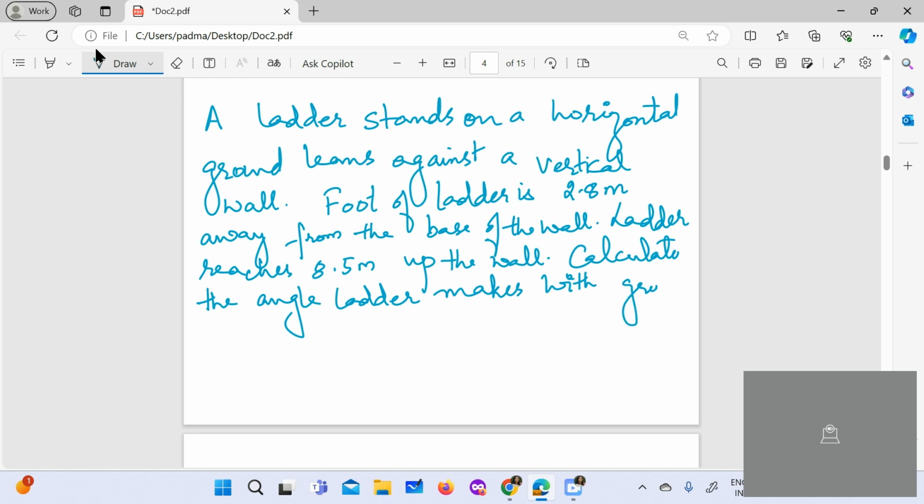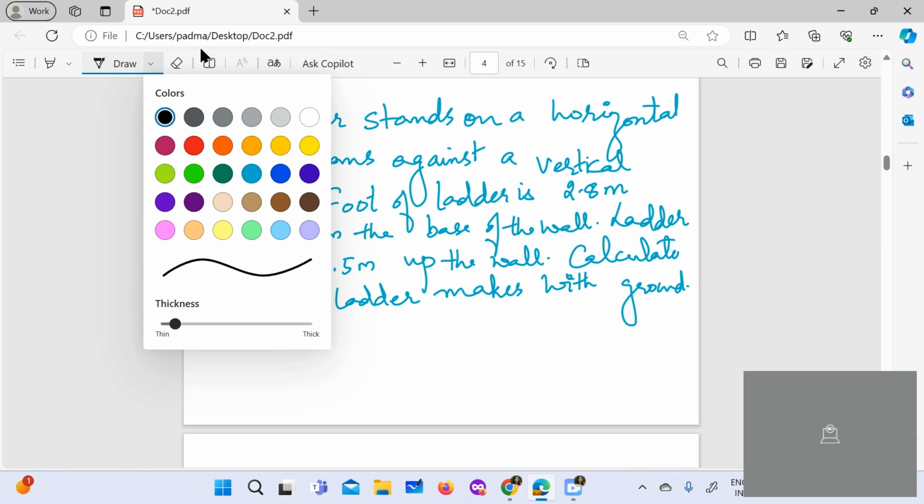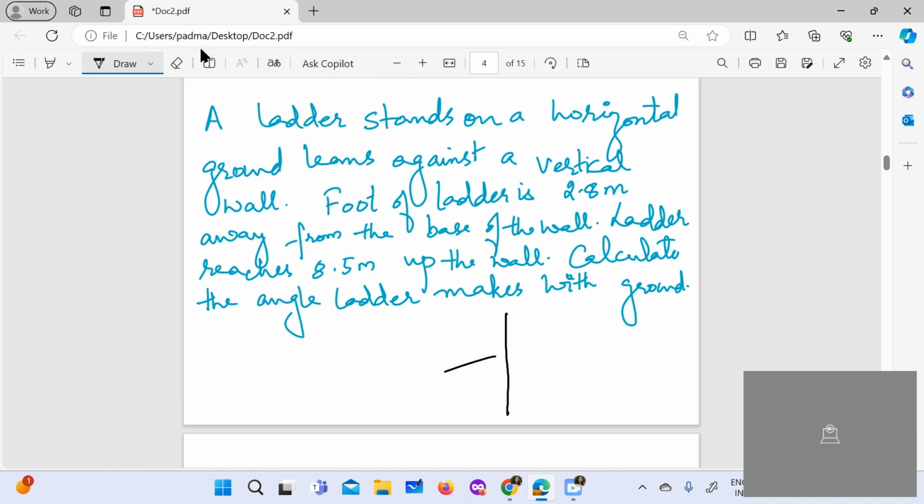The very important thing is to understand the question and plotting the diagram. What this question says is that a ladder stands on a horizontal ground, and the ladder leans against a vertical wall. So let's draw this. I will first draw the vertical wall. This is your wall, and then it says that the ladder stands on a horizontal ground, leans against a vertical wall.